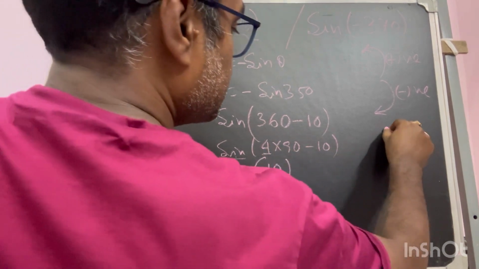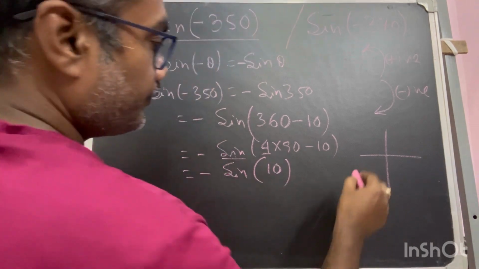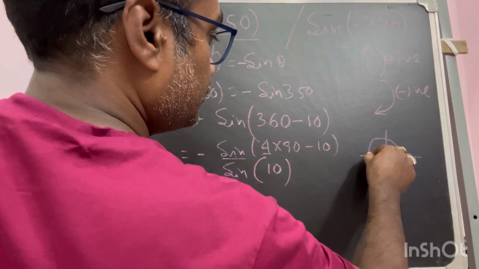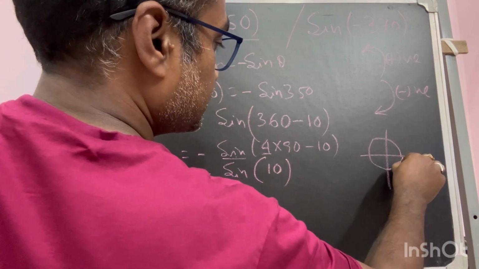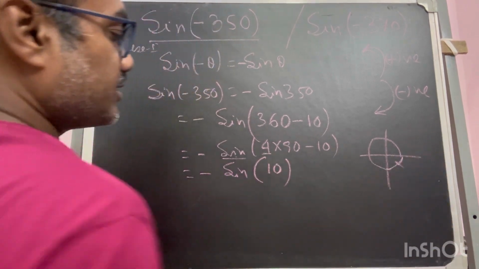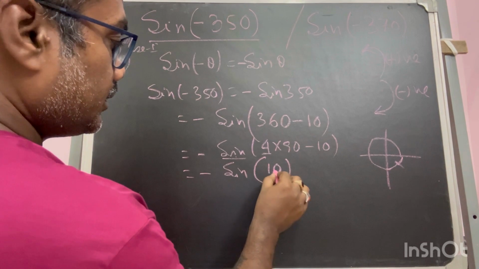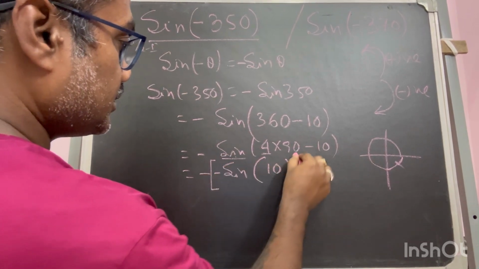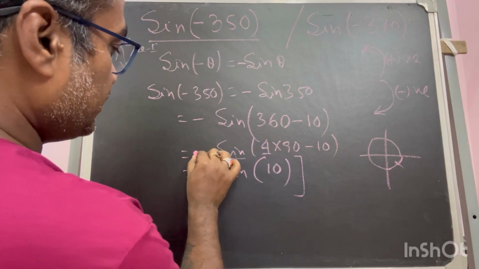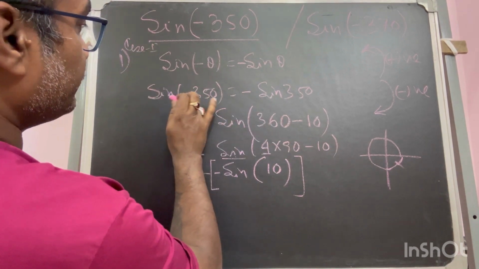This falls on 1, 2, 3, 4, 360 minus 10, that means the angle is coming here, so another minus will come. For this there is already a minus, for this sine of minus theta.